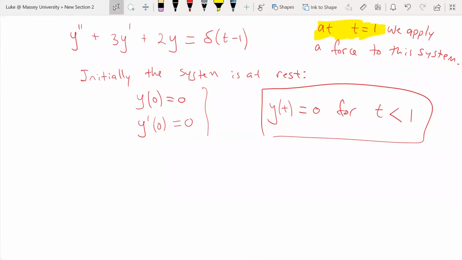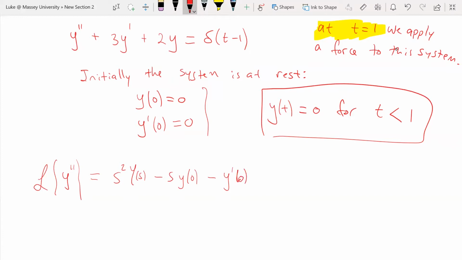So I'm going to take the Laplace transform of each term here. The Laplace transform of y double prime, if you recall, is equal to s squared times capital Y of s minus s times the first initial condition minus the second initial condition.